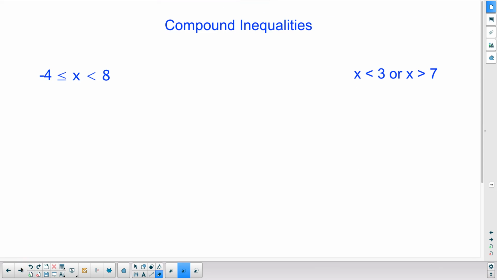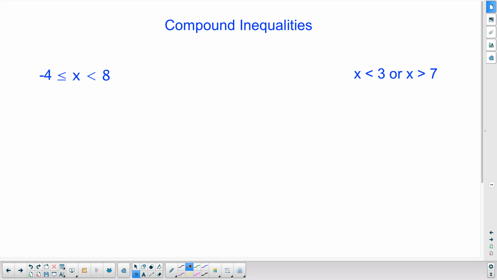Now, let's talk compound inequalities. This first kind of compound inequalities, well, first off, compound inequalities means that there's going to be more than one going on. Okay? We'll probably limit it to 2 in terms of these linear type ones.